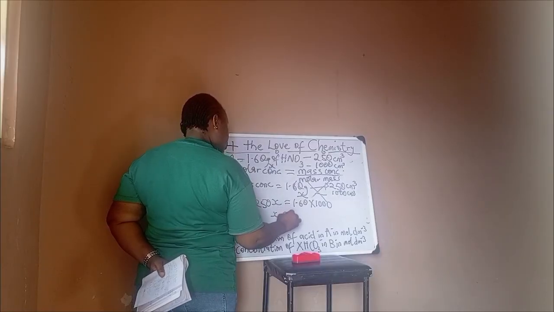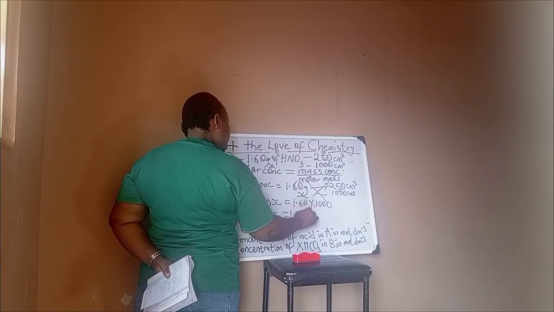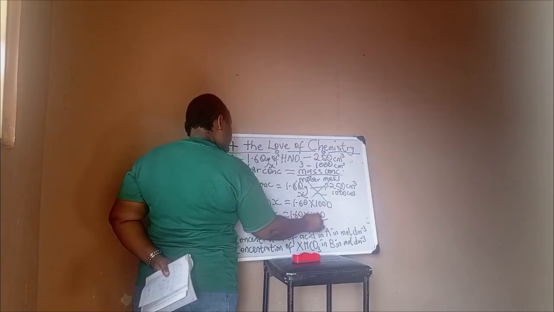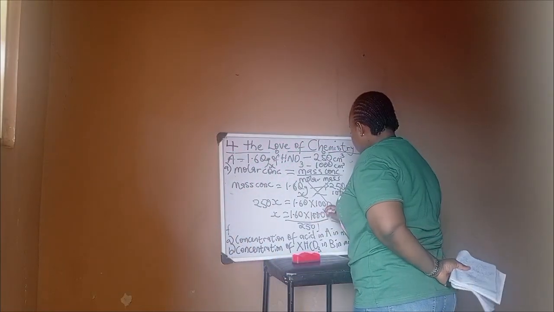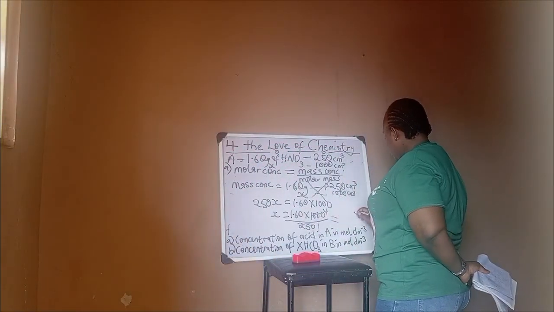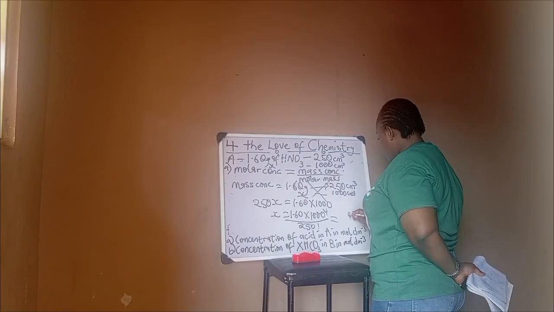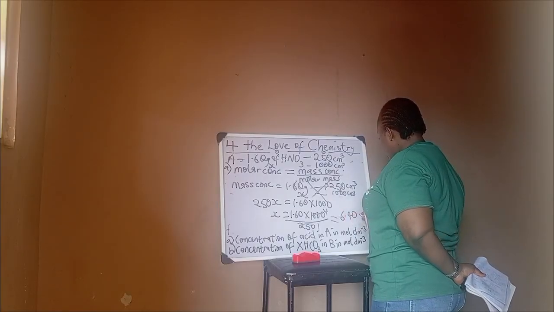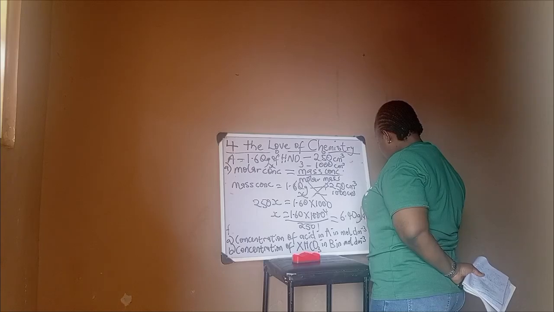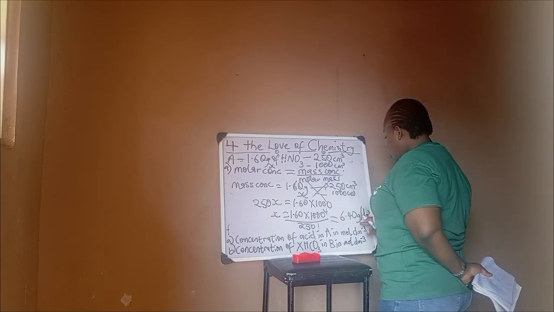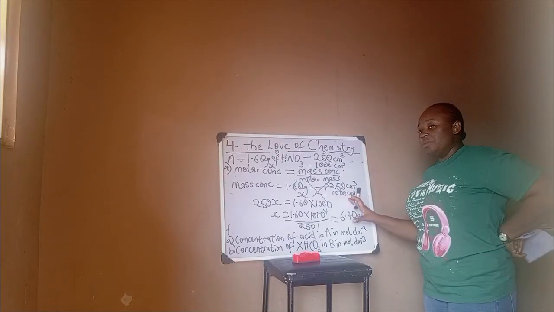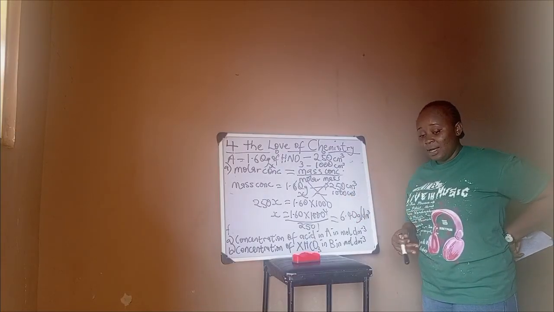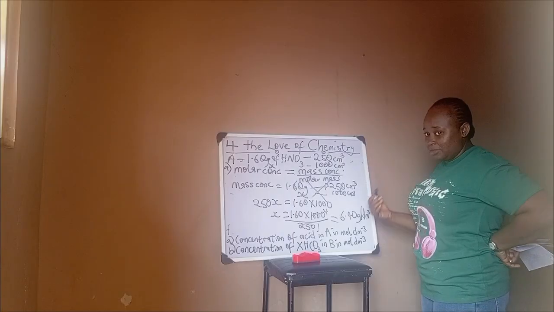So our x will be 1.60 times 1000 all over 250, and that will give us 6.40 grams per dm cube, because we just found the mass concentration. You can't jump any step because this has its own mark. You must follow the steps.